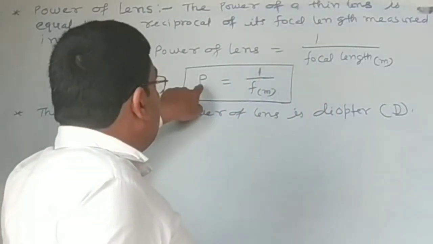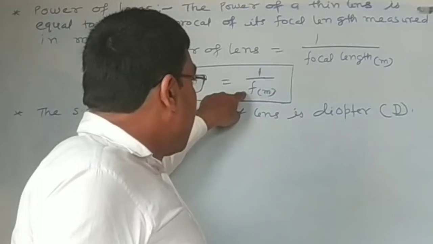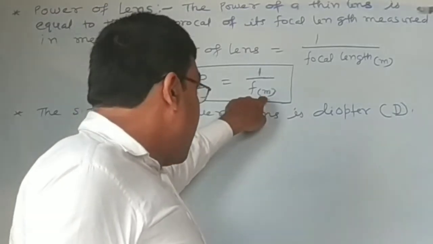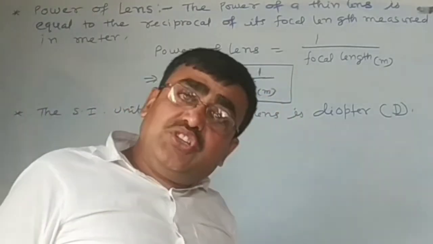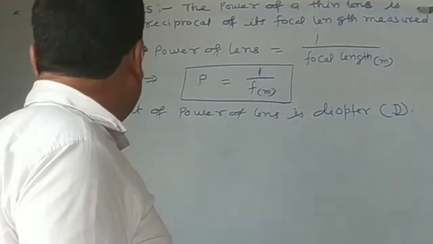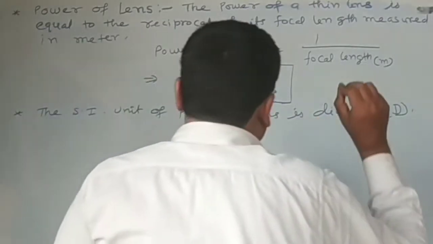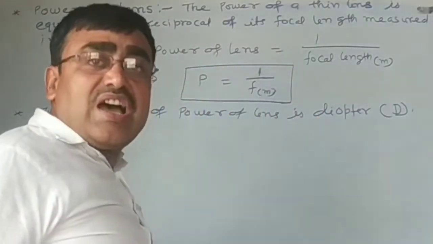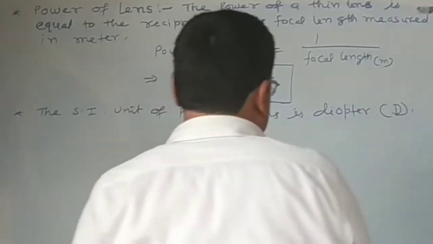Power of lens is denoted by P. Here P is equal to 1 by F, and M indicates that focal length is measured in meter. Okay, and the SI unit of power of a lens is diopter.